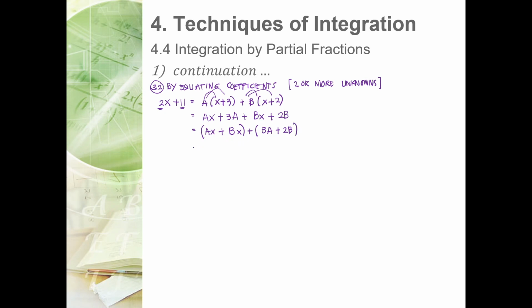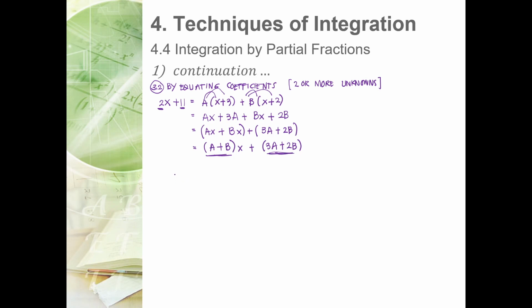Since we're going to equate coefficients, we must factor out the x parameter. So a plus b times x plus 3a plus 2b, which are constants. Again, since the process is called equating coefficients, we're going to equate the coefficient of x on the left side with the coefficient of x on the right side, and the constants on the left side against the constants on the right side.